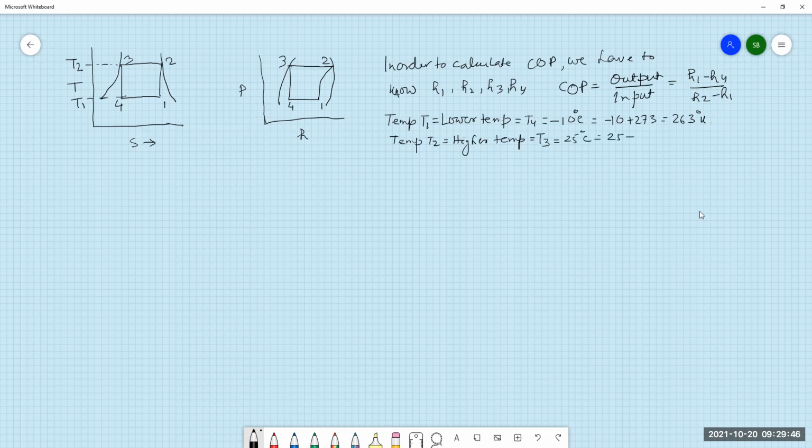So 25 plus 273 is equal to 298. So both the temperatures are known to us.